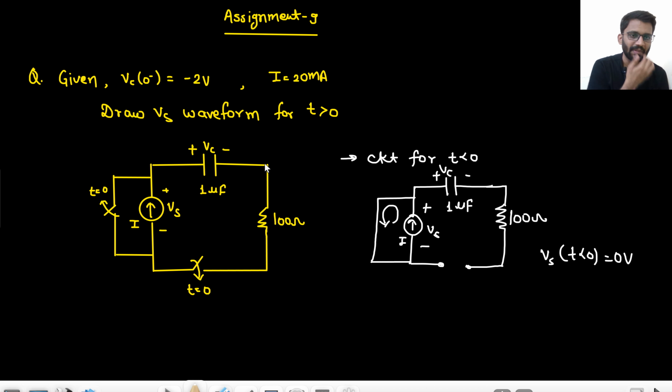We can't really say from where this charge came, but Vc at 0 minus is minus 2 volt, while Vs is 0 volt for t less than 0 because the current source is short circuited. That means there is 0 voltage drop across it, and the complete current is flowing in this short circuit path. So this is the circuit for t less than 0.